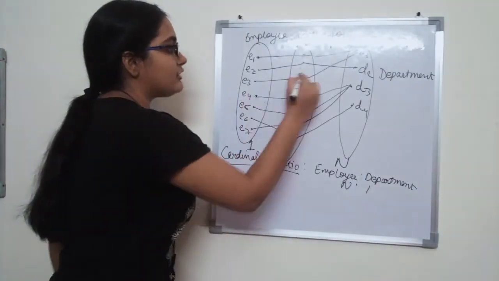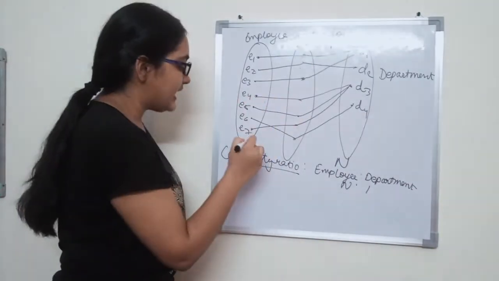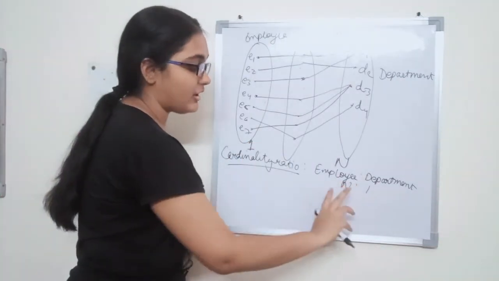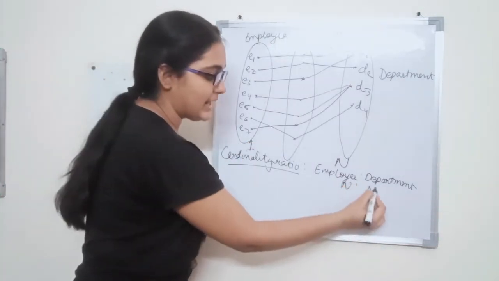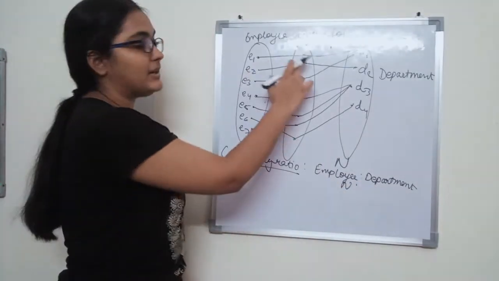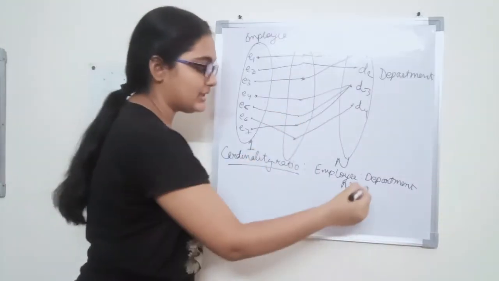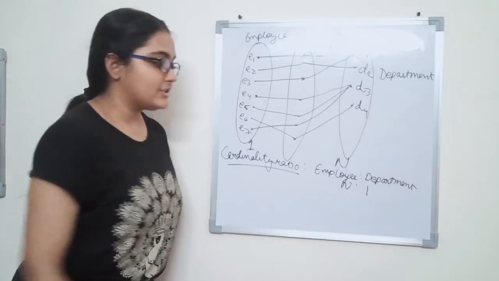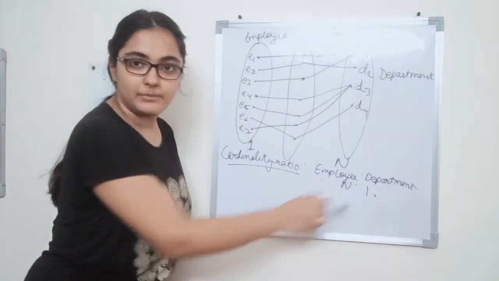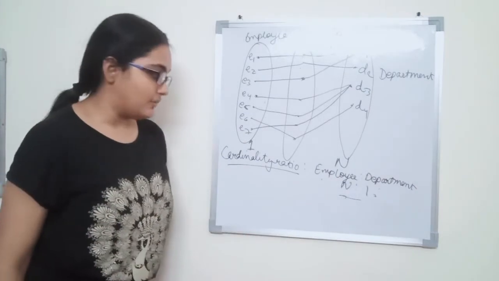If an employee could also have many departments, or participate in many relationship instances, then here it would be M, and when we exchange it, here it would be M. But what is the case here? An employee can participate in at most 1 relationship instance, so it is 1. So a department can have many employees, but an employee can have just 1 department. That is the meaning of cardinality ratio.